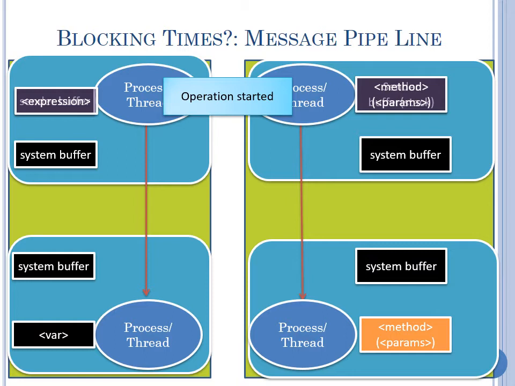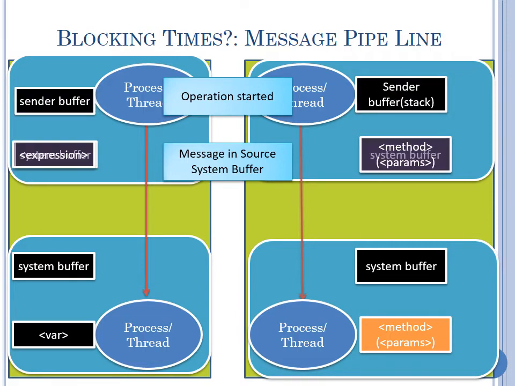From there, it is going to go to the network through the operating system, through the kernel, and it has to be in a buffer that's accessible to the kernel, and typically that is a separate buffer from the application buffer. So it has to go into the system buffer of the source operating system.